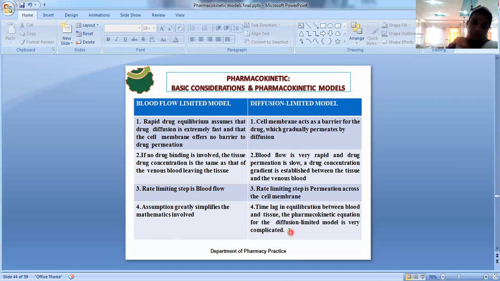If the equilibrium is attained very rapidly, the quantity estimation of the pharmacokinetic models can be simplified. But here it takes much time to reach equilibrium because of perfusion, so the calculation is complicated.